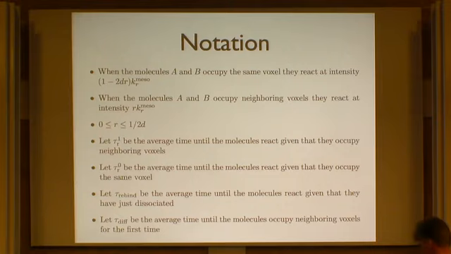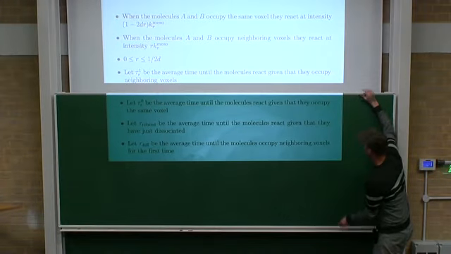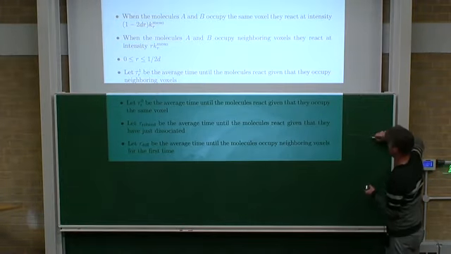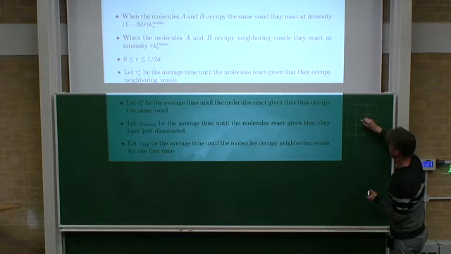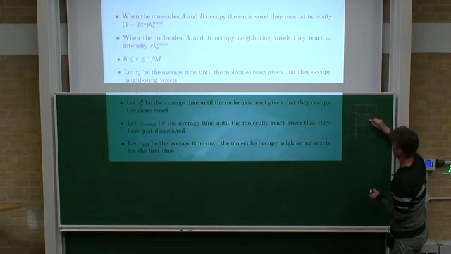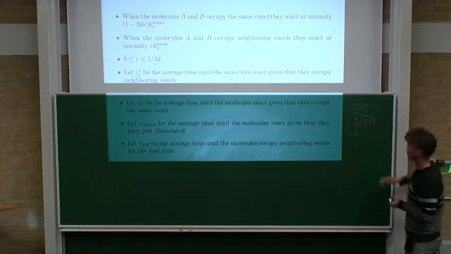Maybe I'll just draw it. If they are here like this, then you get 1 minus 2dR times Kr meso here, and in all the neighboring voxels you get this intensity. So that's one thing, and if you sum it up, it'll be Kr.